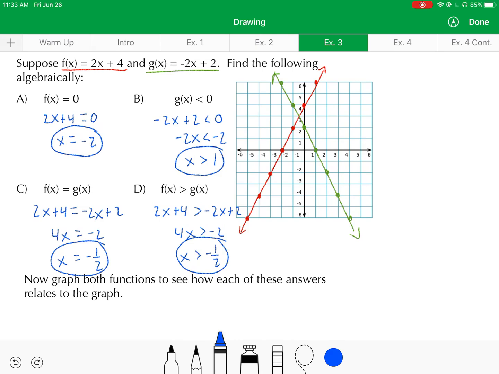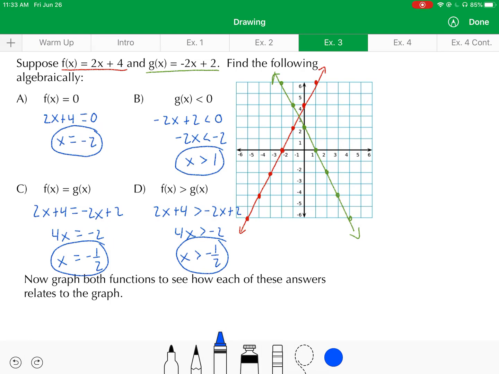And finally, D, when is f greater than g? Meaning for what values of x are the y's in f greater than the y's of g? Well, this is where I think the graphs are very helpful visually. So f is your red line, green is your g of x, right?